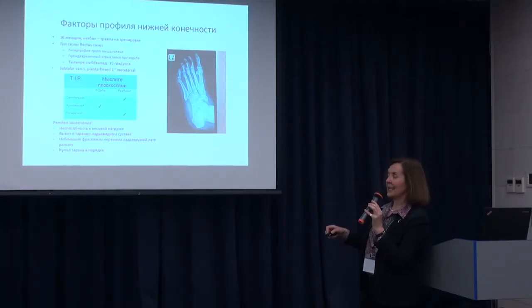But when we started to look at her foot type and gait function, there were really some underlying factors that, independent of the accident, really predisposed her to ankle injuries and instability.